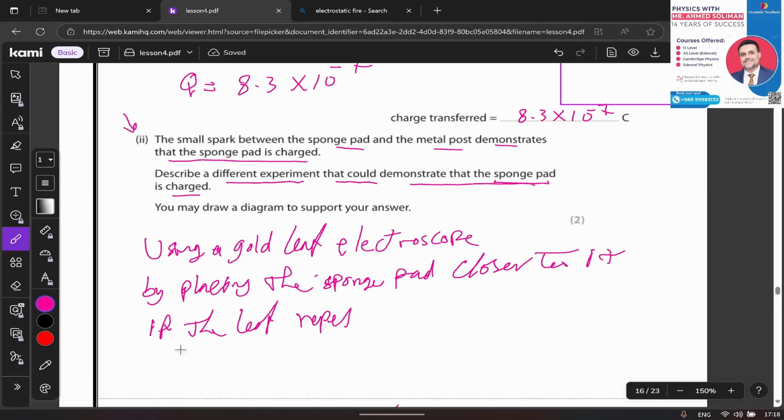If the leaf repels, it means the sponge pad is charged.